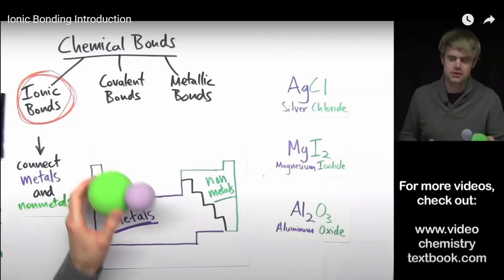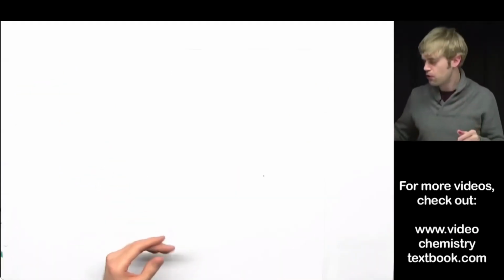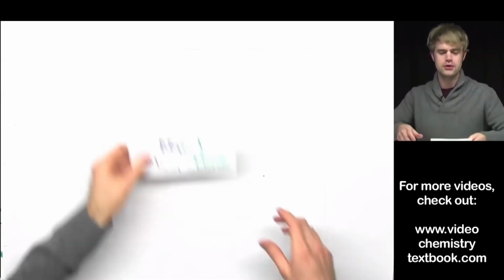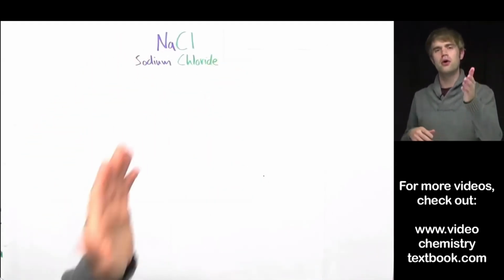So when they form a compound, one of them has given electrons to the other, and so one is positive and one is negative. What do positive and negative do? They attract. So it is that electric force, we actually call it an electrostatic force, that holds them together. To learn more about ionic bonds, we are going to focus on a chemical called sodium chloride.